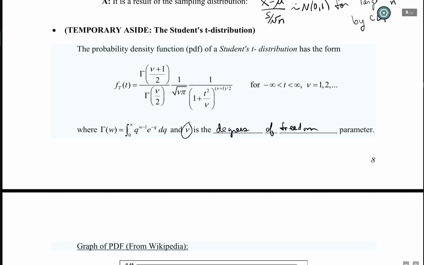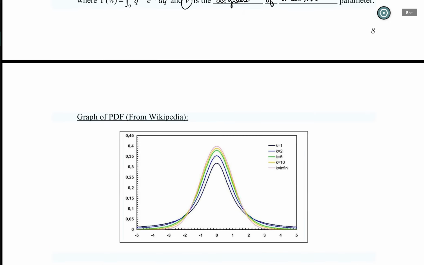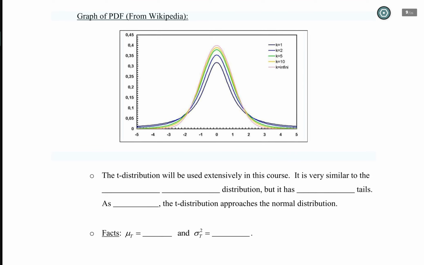That's a Greek letter nu for that quantity, degrees of freedom. It looks kind of like a V, but it's the Greek letter nu. And here's a picture. This picture's from Wikipedia. If you look at the plot, Wikipedia was calling K the degrees of freedom here. So for us, nu would actually be the K values as they're listed here.